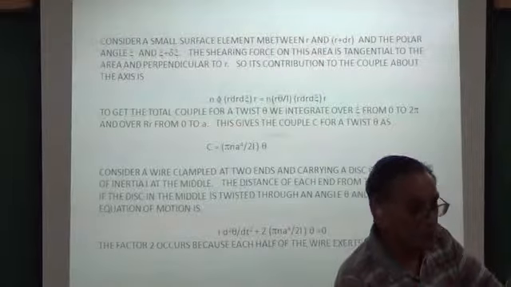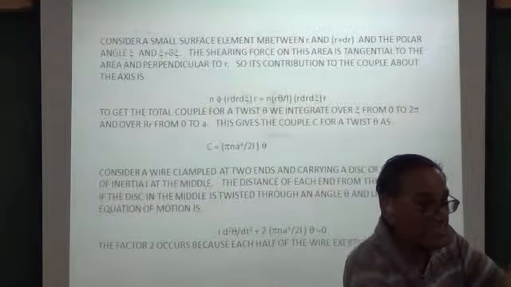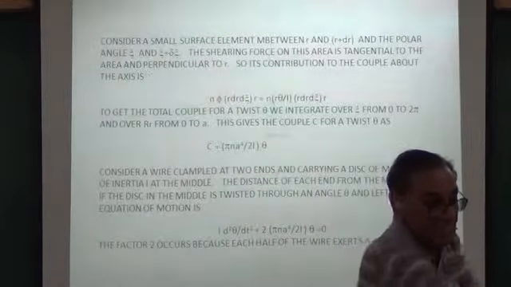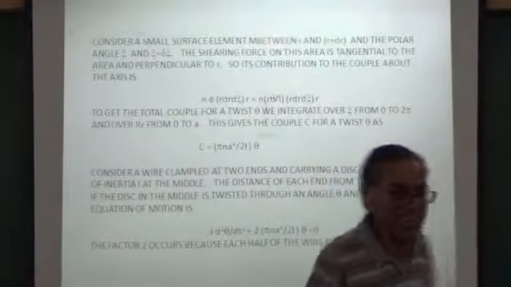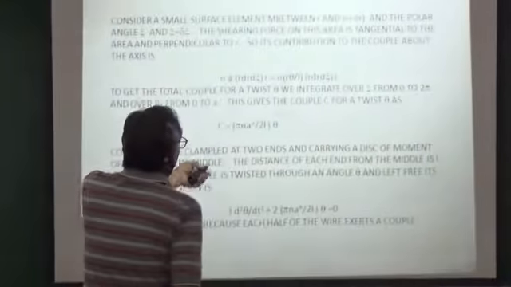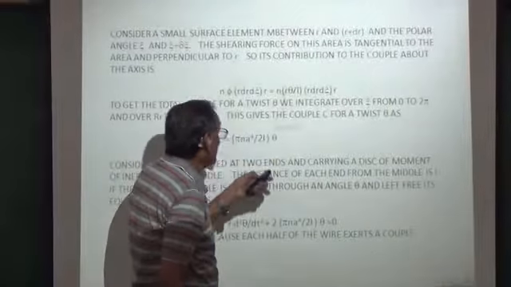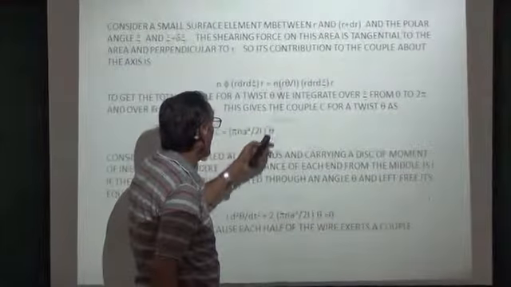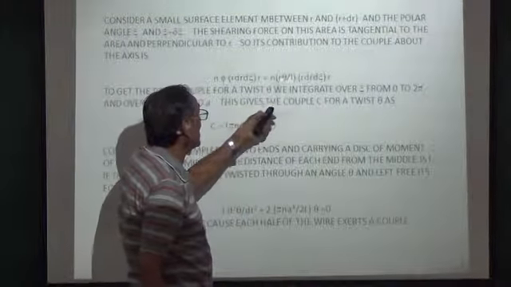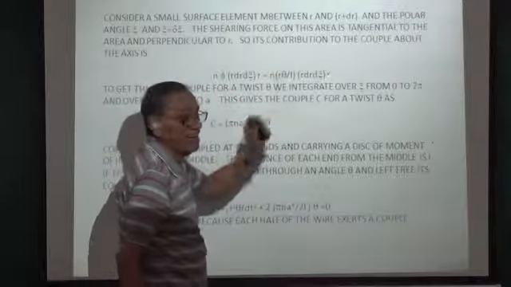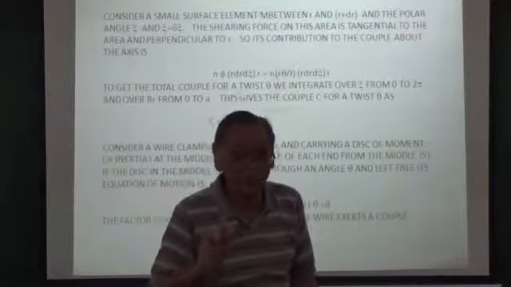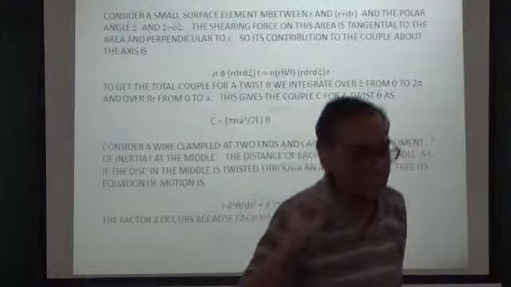When I twist through an angle theta, every element, every radius vector changes by theta. So I take n theta by L outside, then collect all r values. There is r here, r here, r here. So it is r cube dr d psi.